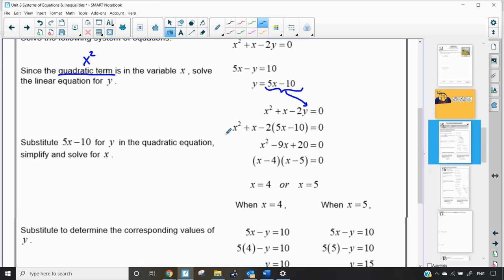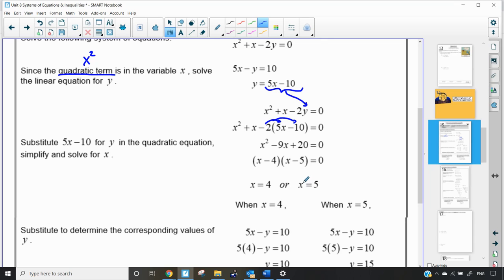All right, so now we're just simplifying. We're going to multiply that negative through. Remember, when there's a negative, you've got to be careful to bring it through to both terms. So make sure that you have a positive 20. And that leaves us with x squared minus 9x plus 20. At this point, we're factoring. So we have x minus 4 and x minus 5, meaning x equals 4 or x equals 5.